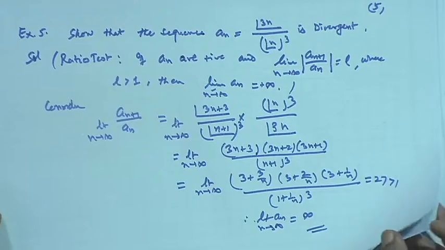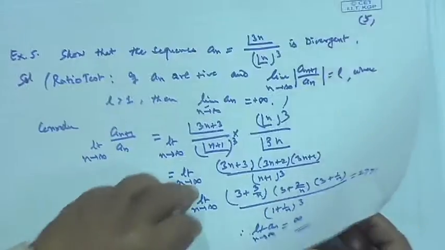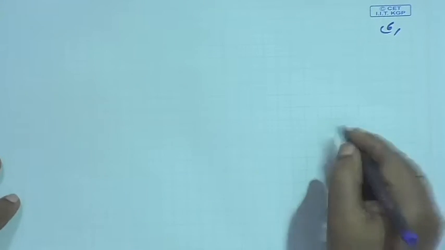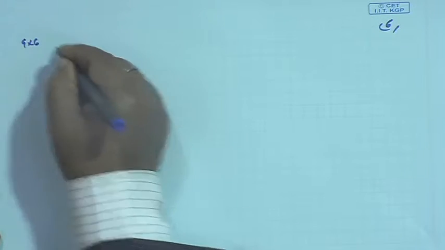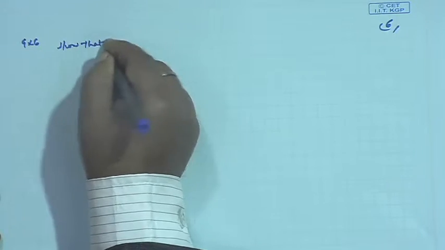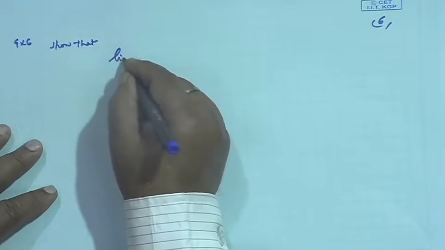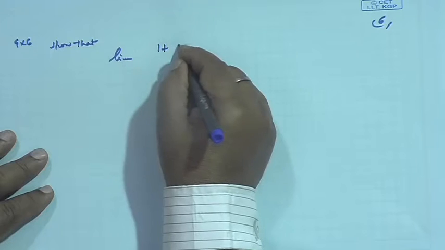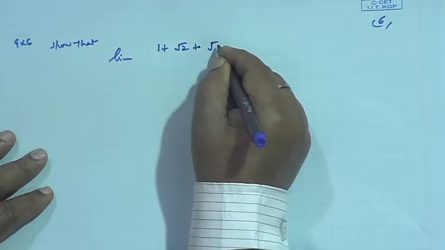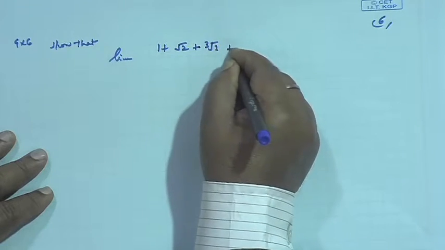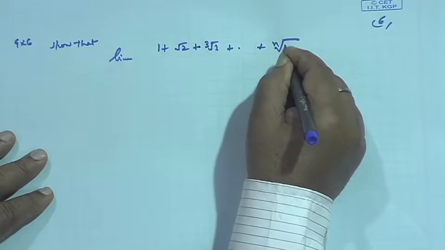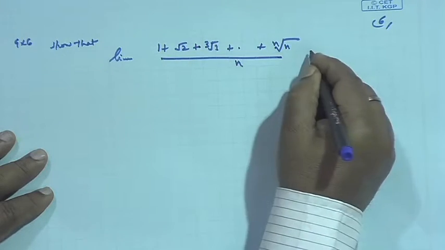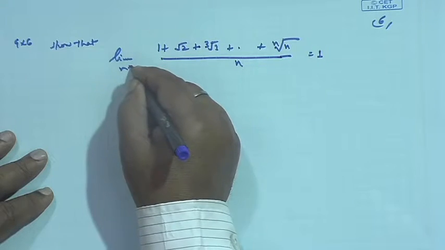Now, one more Cauchy result we will show: the limit of (1 + root 2 + cube root of 3 + ... + nth root of n) divided by n is 1 as n tends to infinity.